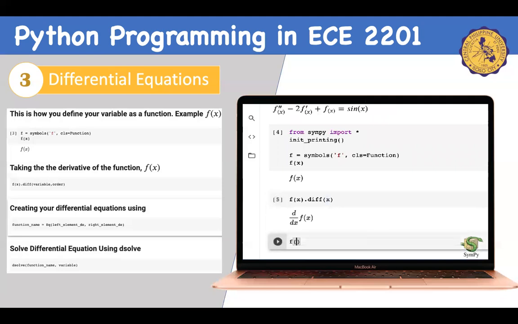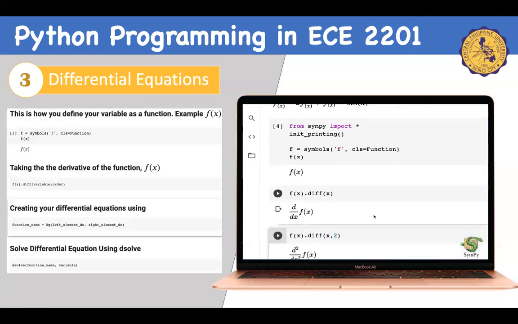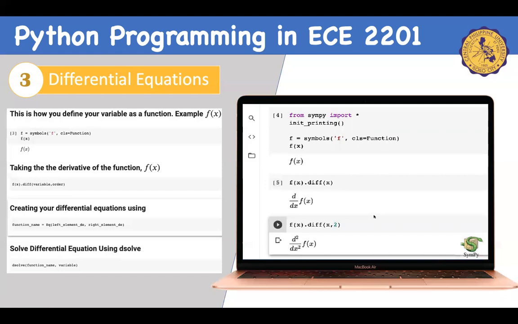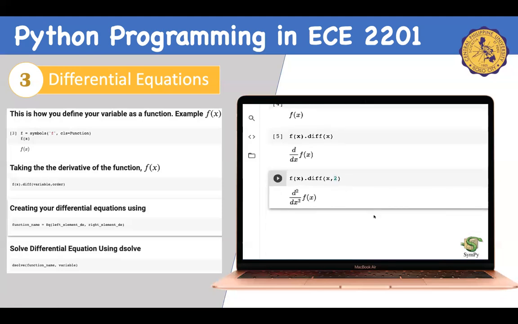Now let's try again. If you want the second derivative, you can say x comma 2. That's the second derivative of your f of x. That's how you use diff in x.